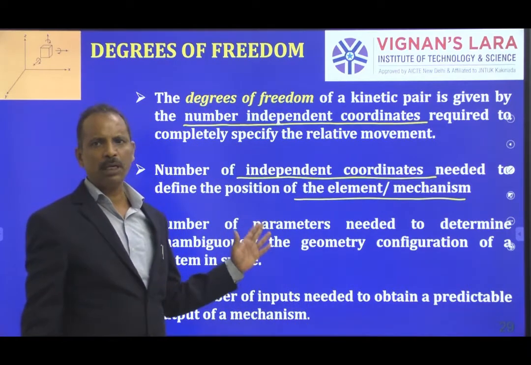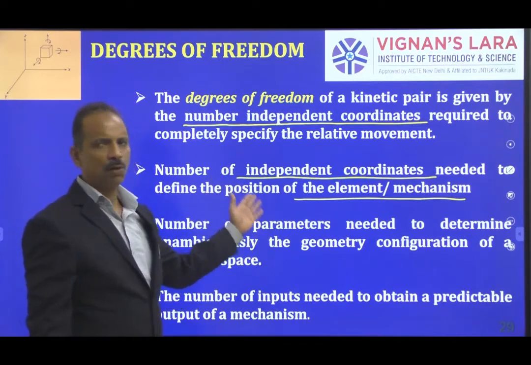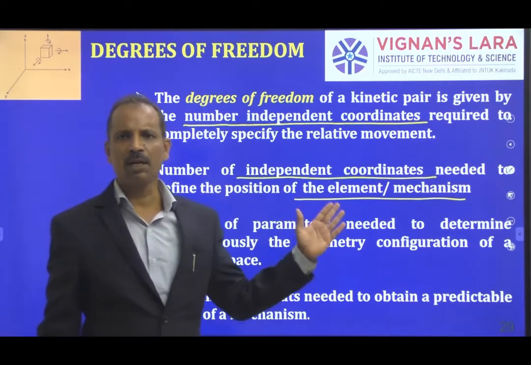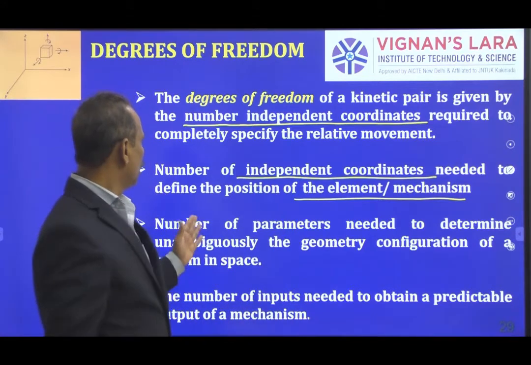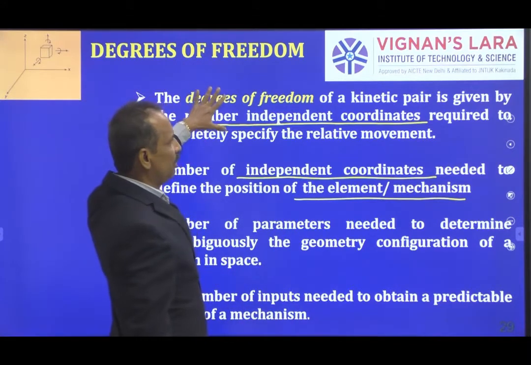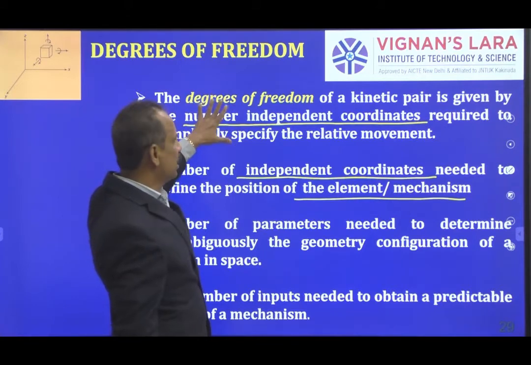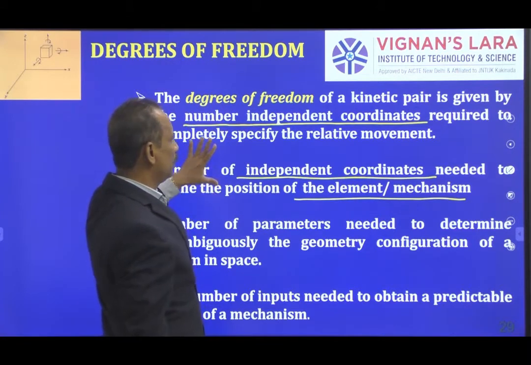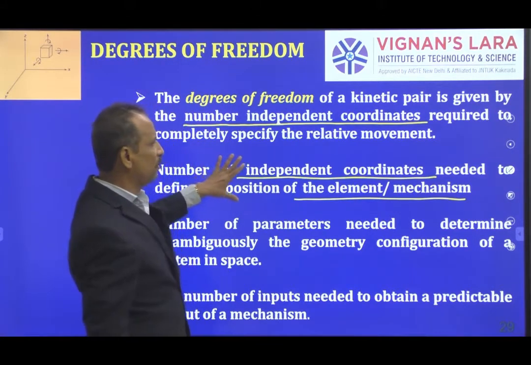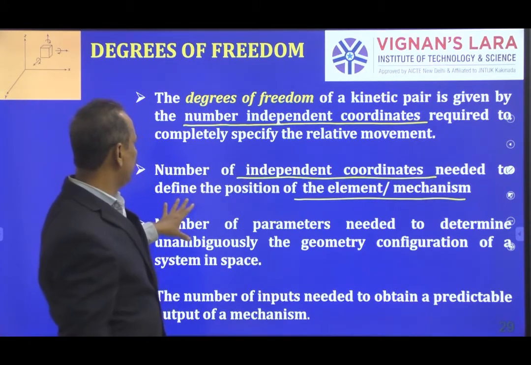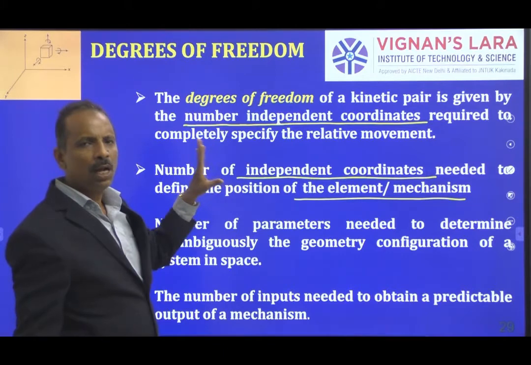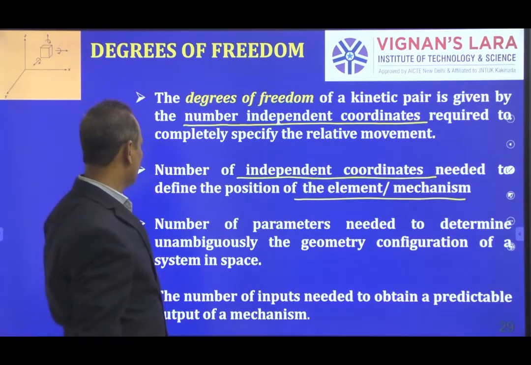At that moment I will explain once again this concept of 1 degree of freedom, how it is attained, or what is 1 degree of freedom. So first it is defined for a pair. Now I am applying the same thing for a mechanism.